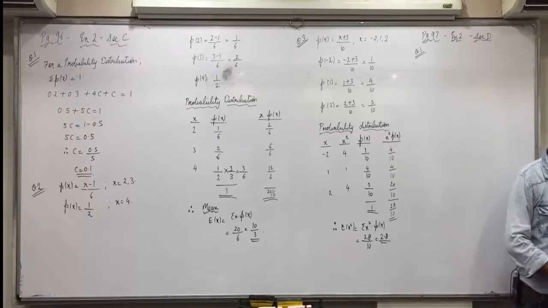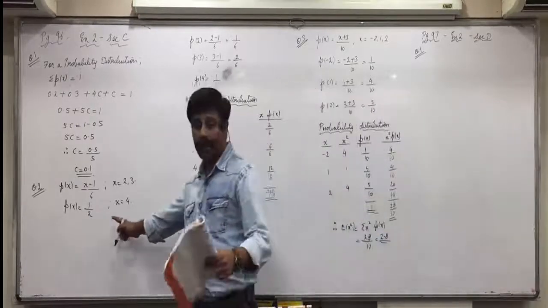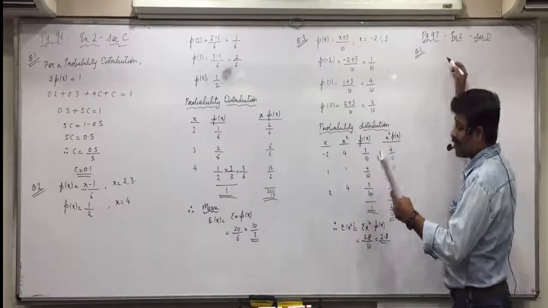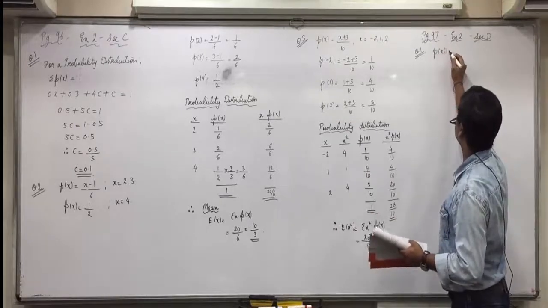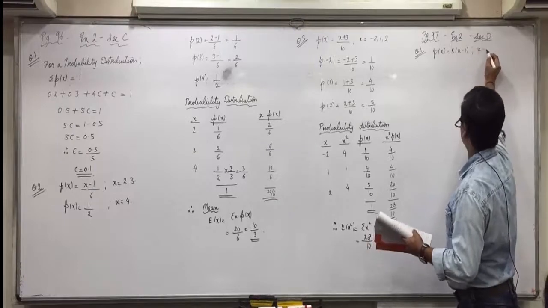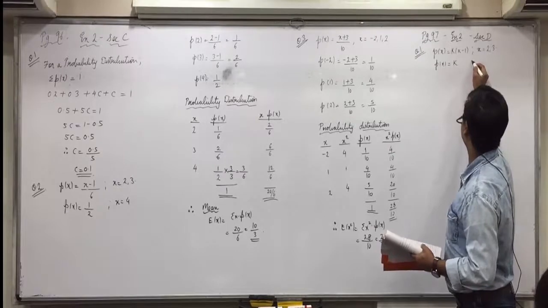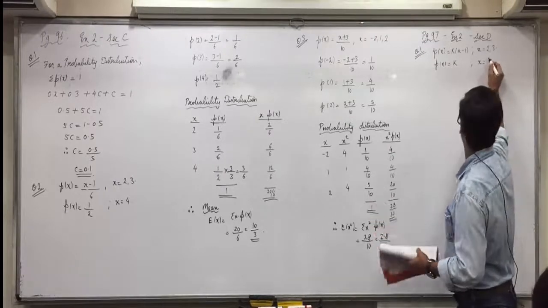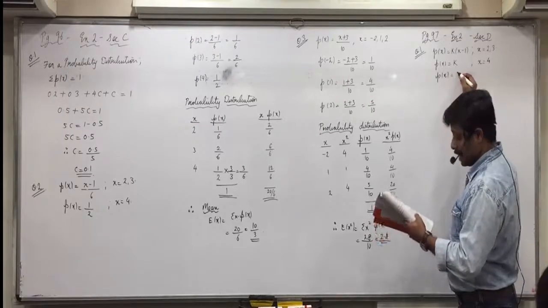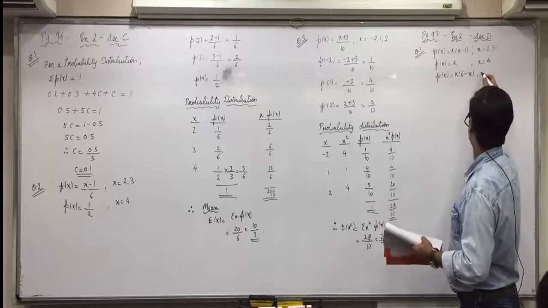The probability distribution of random variable x is as follows. Like this question 2, here 2 functions were given, now 3 functions are given. Let us write all the 3 functions. First of all, p x is equal to k bracket x minus 1 when x is equal to 2 and 3, then p x equals simply k when x is equal to 4, and p x is equal to k into 6 minus x when x is equal to 5.